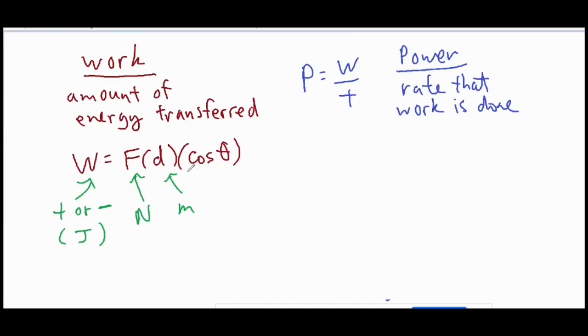So finding work is just the amount of energy that is transferred. Is it 10, 20, 30 joules? And then power is talking about how many joules per second are being transferred. So with power, you can look at it one of two ways. You can take a look at it in its standard unit of watts, which is a capital W, not to be confused with this lowercase w, even though you probably can't really tell this is a lowercase w.